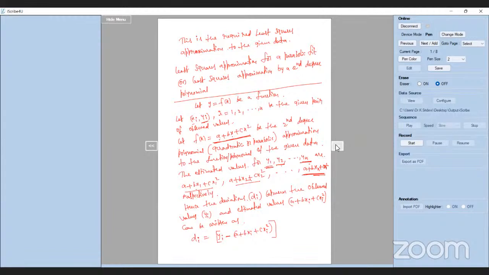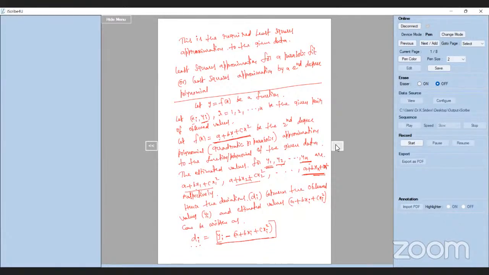Now here, d1, d2, and so on, dn, n deviations are there. So now we take the sum of deviations, that is d1 plus d2 plus and so on plus dn.